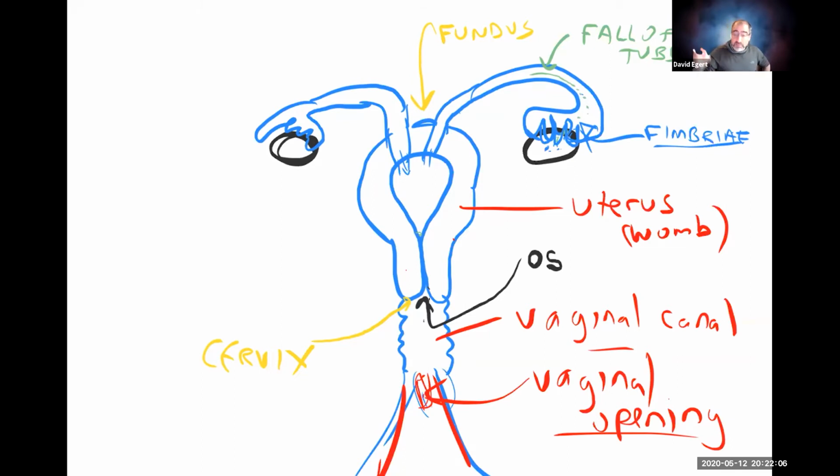Like I mentioned last time, sperm live 4 to 5 days. So it could be this woman had sex 4 days ago, and there's little sperm swimming all around, and the egg gets ovulated, and the egg gets fertilized, but it doesn't go up the fallopian tube, and it just implants in the serous membrane, the mesenteries that are surrounding all of this, which we're going to talk about.